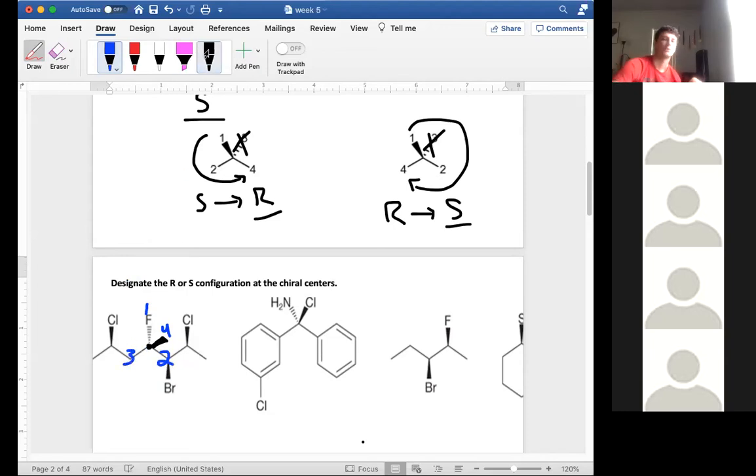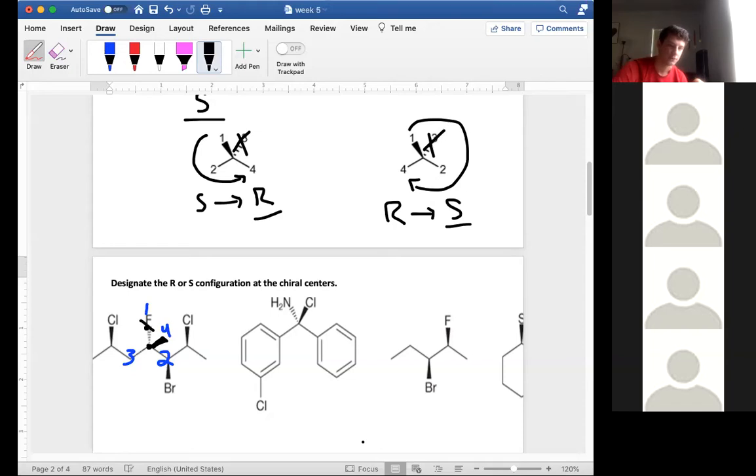So cover what's in the back. Remember, your 4th priority isn't always going to be in the back. Same thing with 1 or 3. It doesn't matter which one is in the back initially, right? So you find your priorities, then it doesn't matter which priority it is. If it's in the back, you ignore it for now.